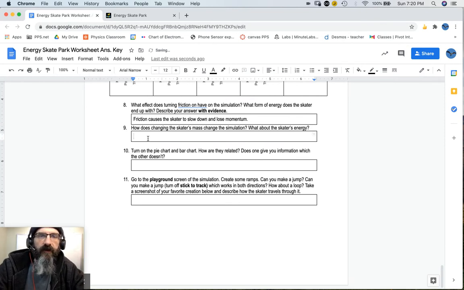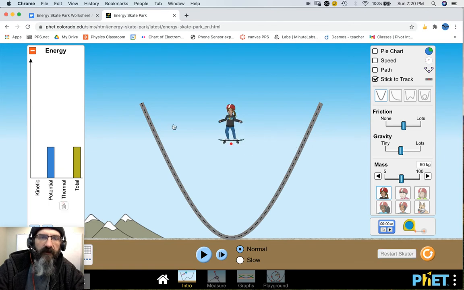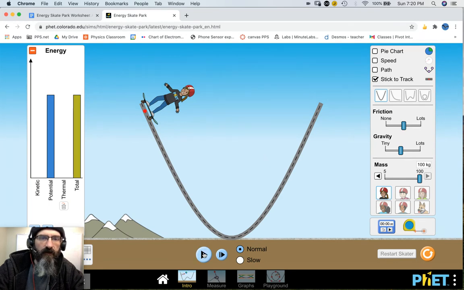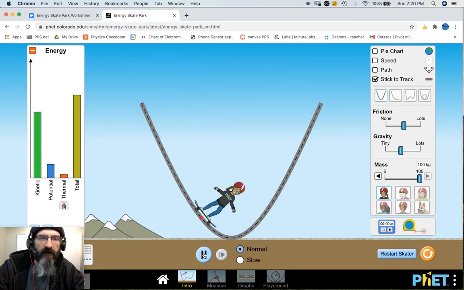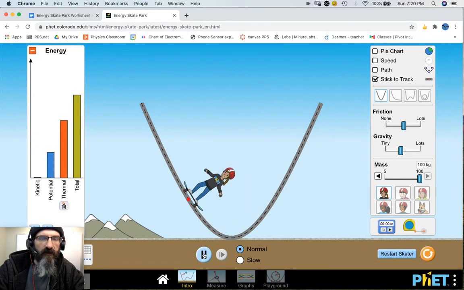How does changing the skater's mass change the simulation? Yeah, all right. I guess that's all I asked about that. How does changing the skater's mass change the simulation? Well, let's give them lots of mass. They get more energy with more mass. Huh. You go once, twice, back to the beginning.